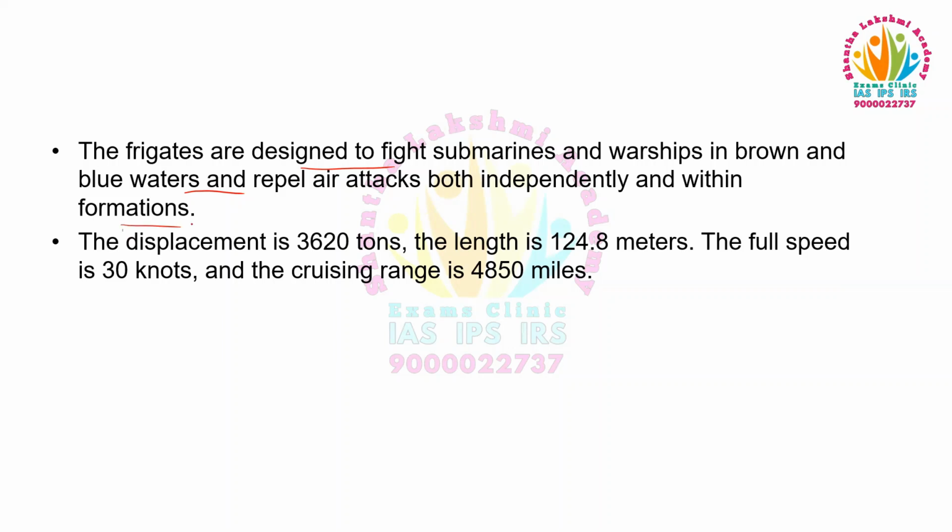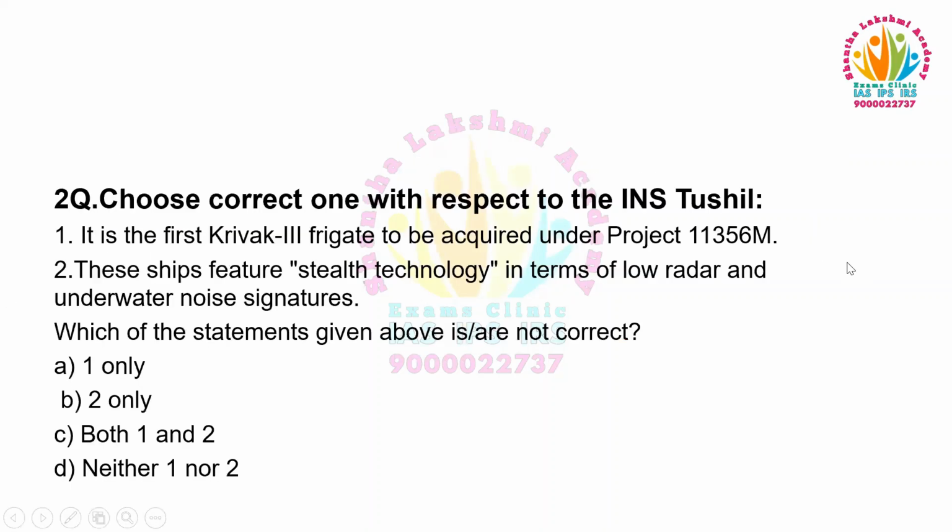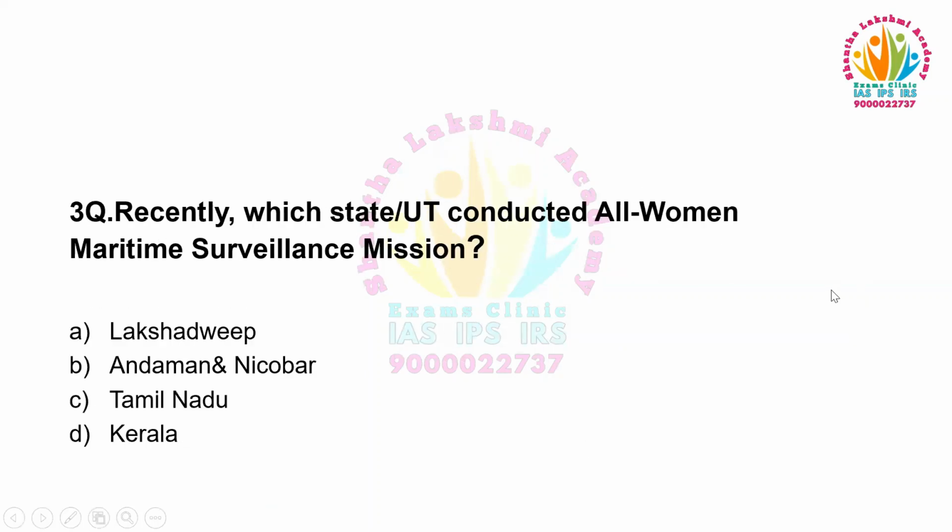The displacement is 3,620 tons. The length is 124.8 meters. The full speed is 30 knots and the cruising range is 4,850 miles. So the answer is neither one nor two, because both the statements given above are correct. Moving to the next question.